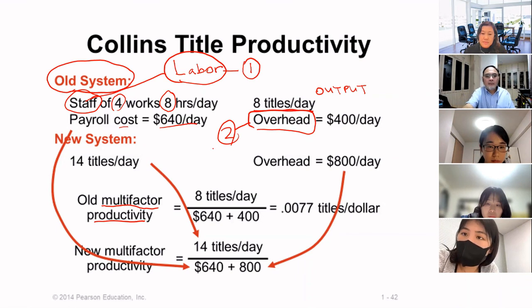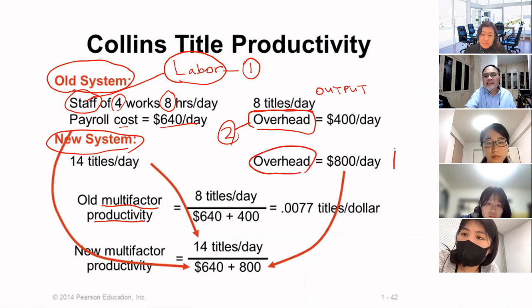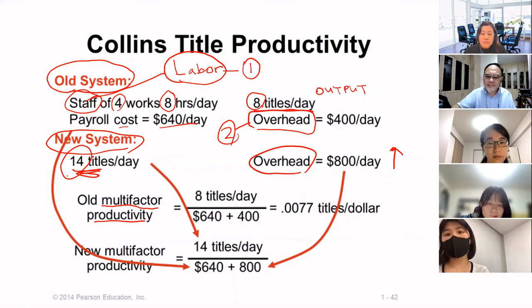But because of the new system, my overhead increases, but my output from 8 becomes higher. Maybe they invest in a new machine or new software or whatever.